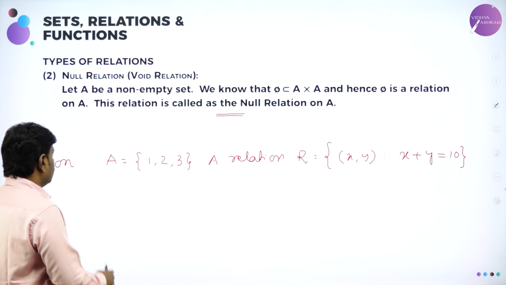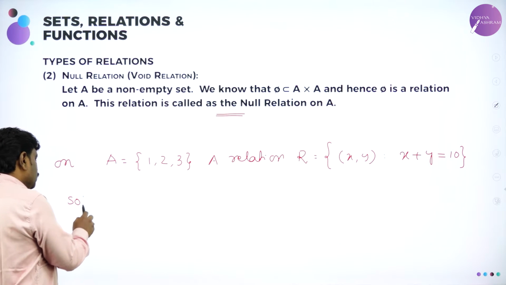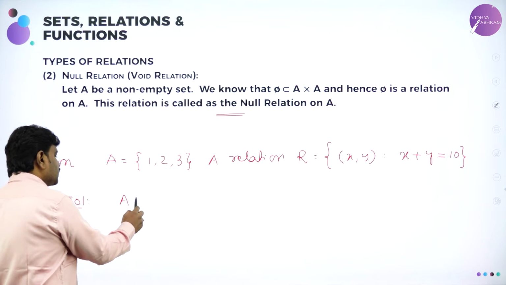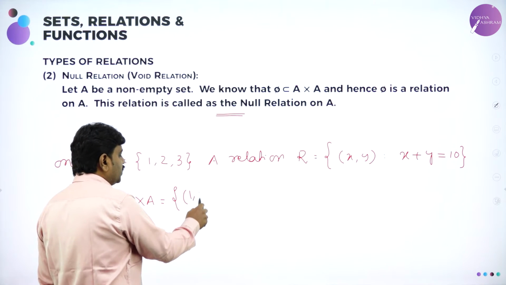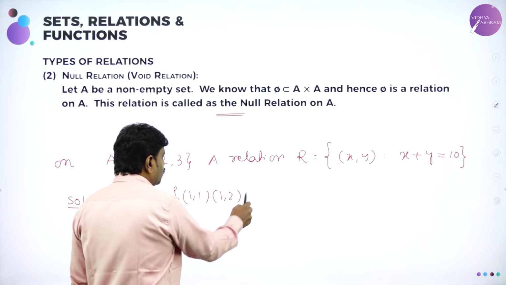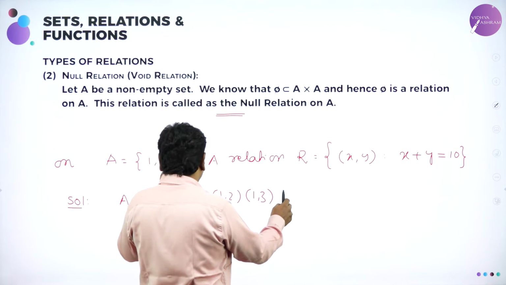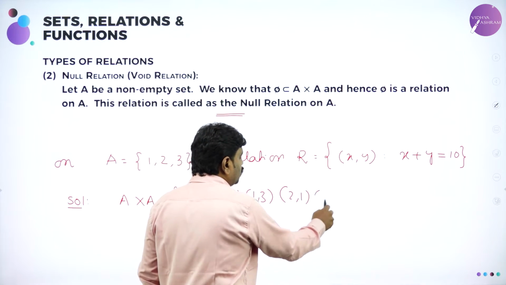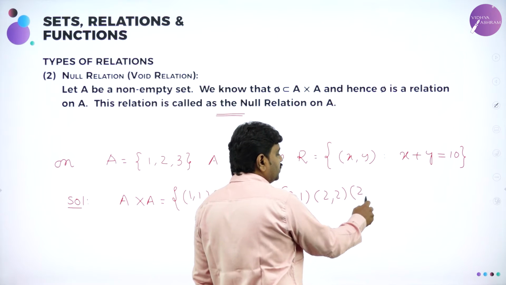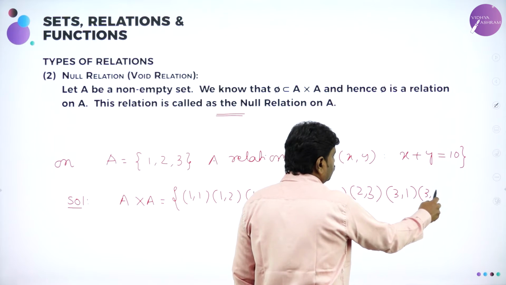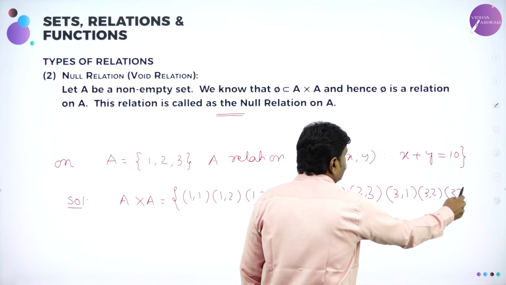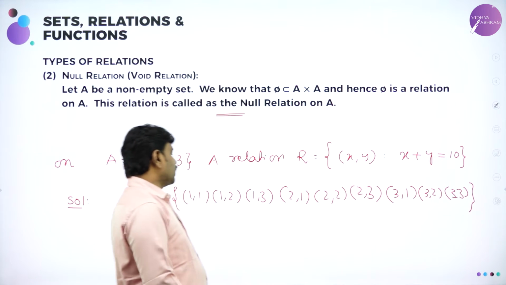So first, if I want to write the solution, I should find A cross A. What is A cross A? Cartesian product of A with A. That will become what? 1 1, 1 2, 1 3. Then 2 1, 2 2, 2 3. Then 3 1, 3 2, 3 3. So many we wrote.